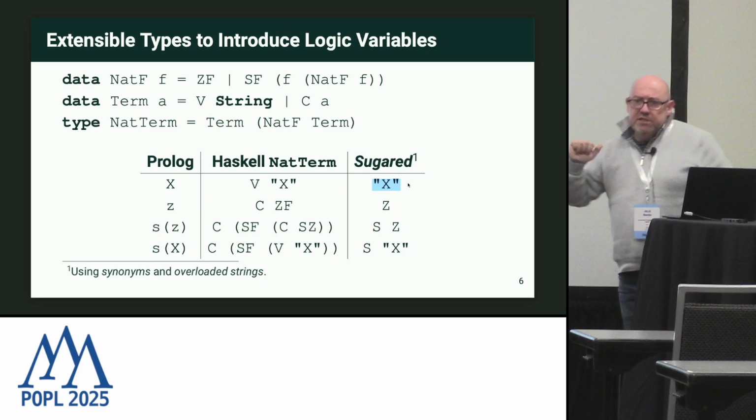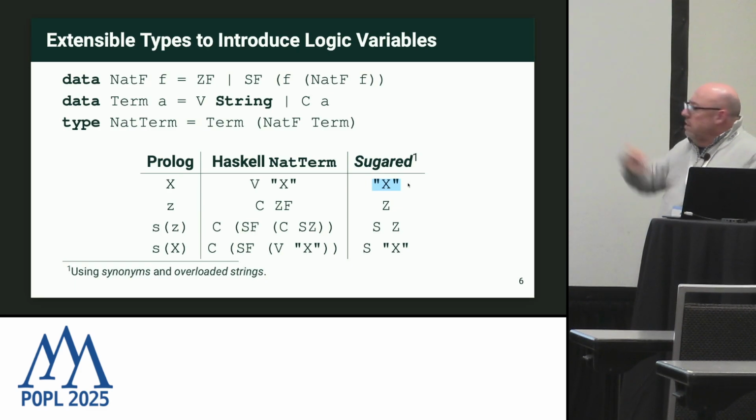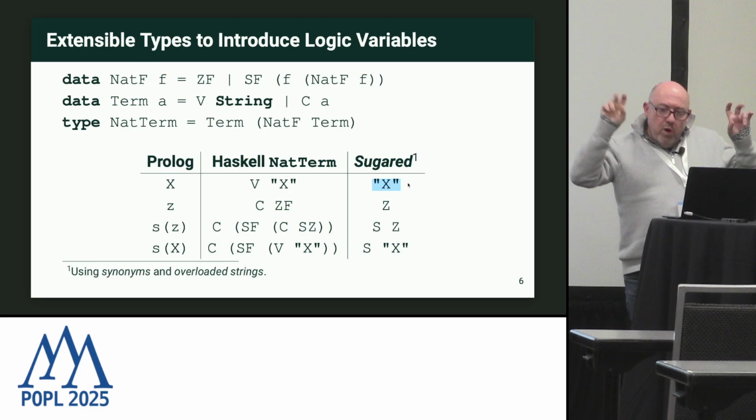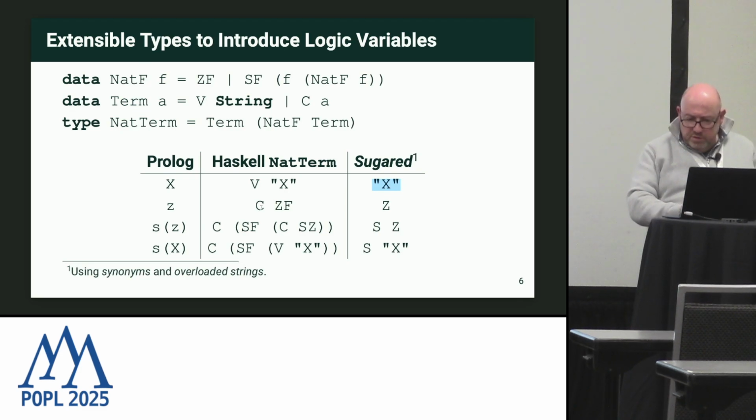The v is erased, and the user just inputs the quote x and so on. So you can desugar things. The internal representation is this nat term representation, but the user just writes the variables in quotes, so it's more readable, right?